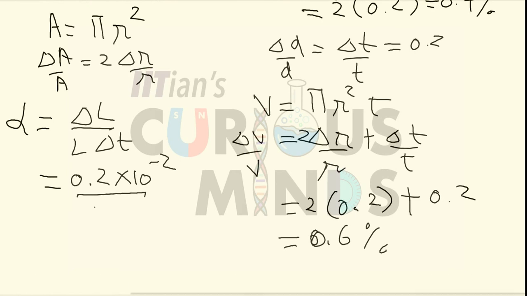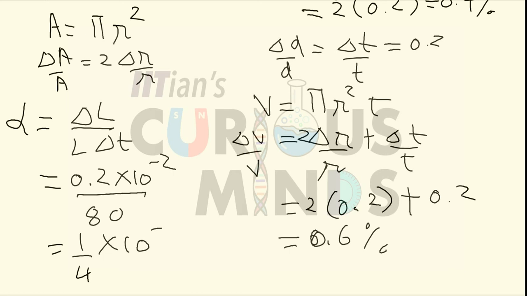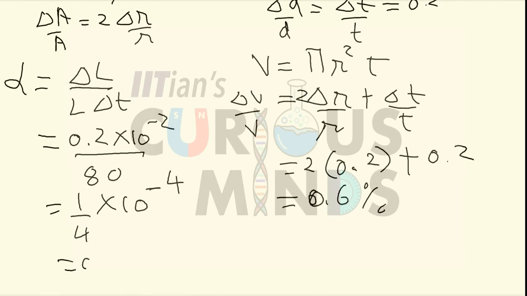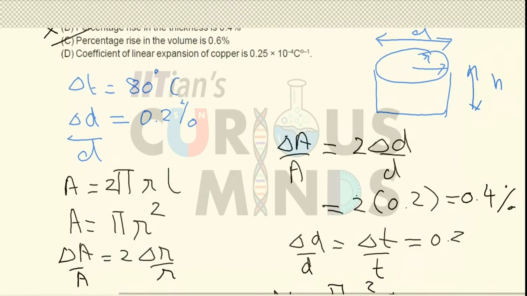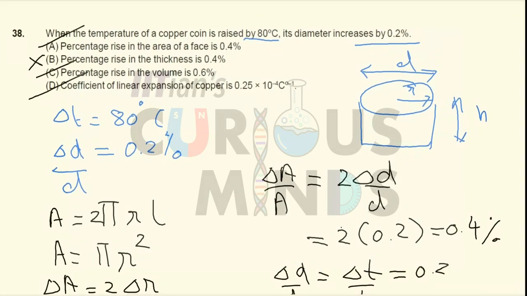So basically it will be equal to 1 by 4 into 10 raised to minus 4, which is equal to 0.25 into 10 raised to minus 4. So option number D is also correct. So the correct answers are A, C and D.